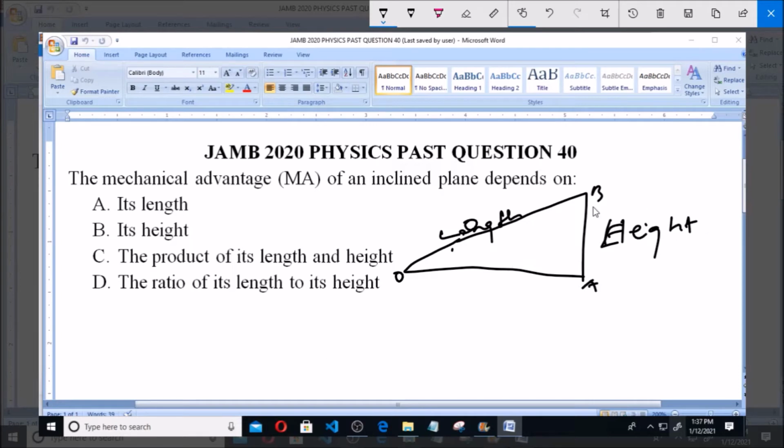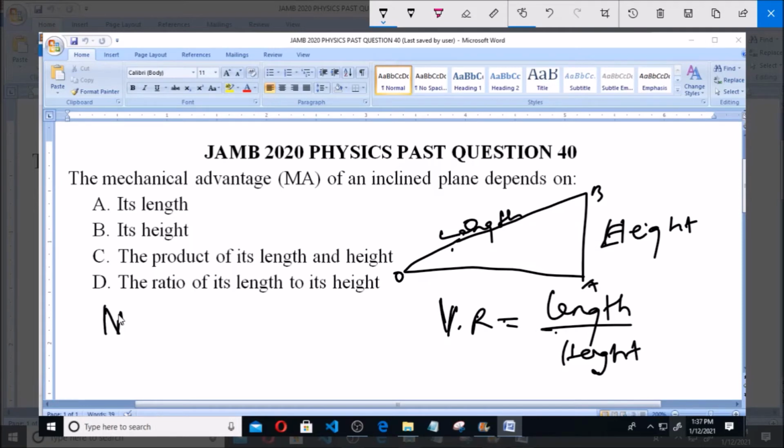Now looking at this, you'll see that the velocity ratio of an inclined plane is given as the length, that's distance moved by the object, which is the length, all over distance moved by effort, which is the height. Now velocity ratio is given as length over height, and mechanical advantage of an inclined plane depends on the velocity ratio.